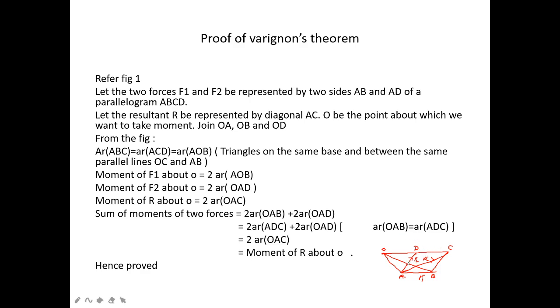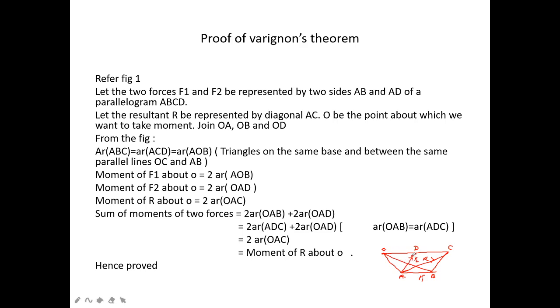Now from the figure, area of triangle ABC equal to area of triangle ADC, because we know that the diagonal of a parallelogram divides it into two triangles of equal area, and area of OAB equal to area of ABC, because both the triangles are on the same base AB and are between the same parallel lines AB and OC, therefore their areas are equal.